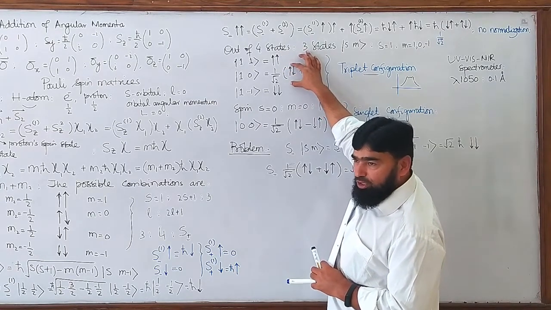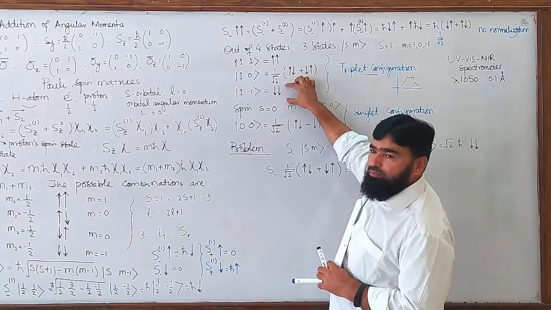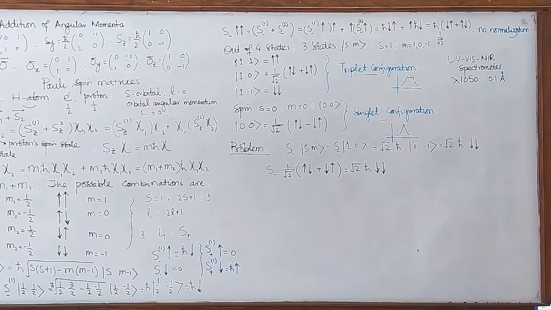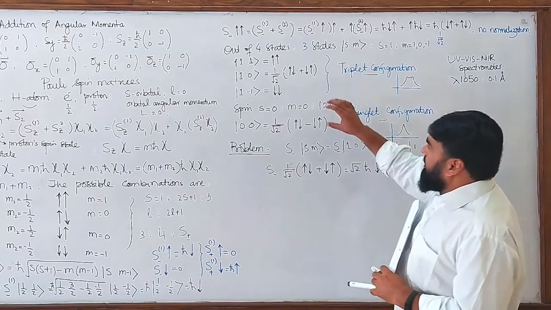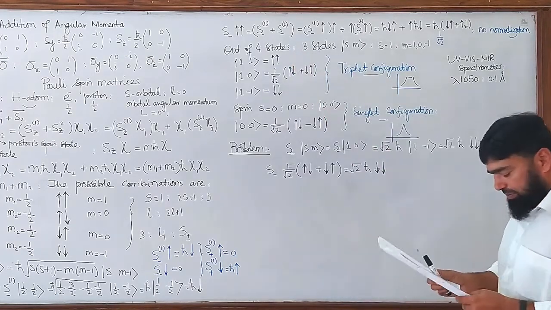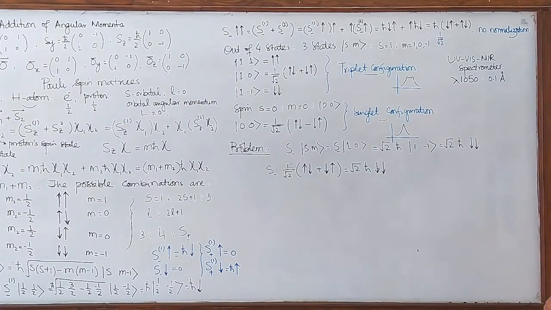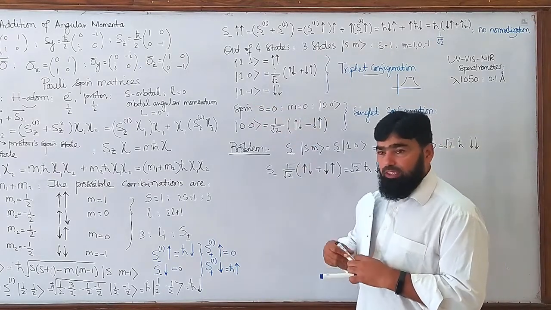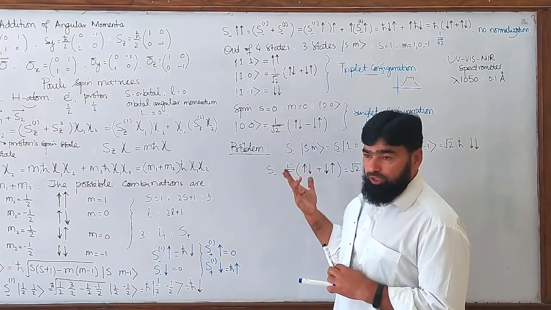You applied it on this one, you got this state. So these are the 3 possible configurations, these are the 3 possible states. Got the idea? Yes. Now what about this one? The same, now you do it in reverse.